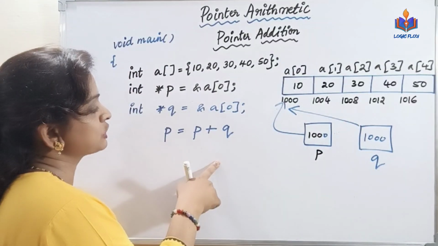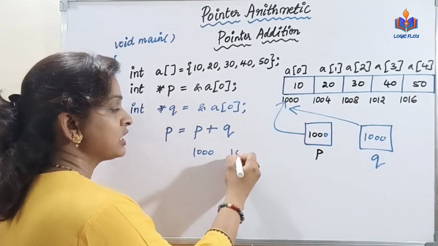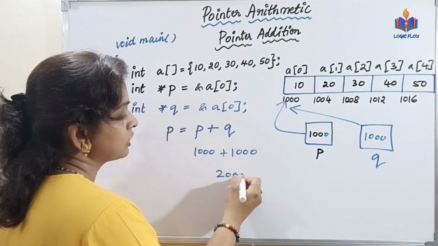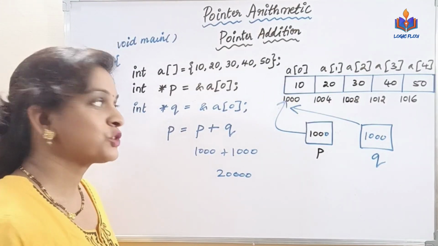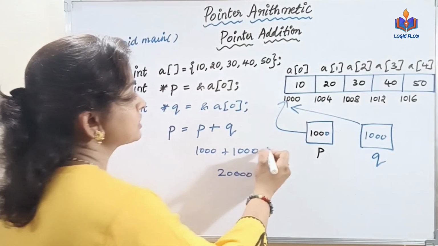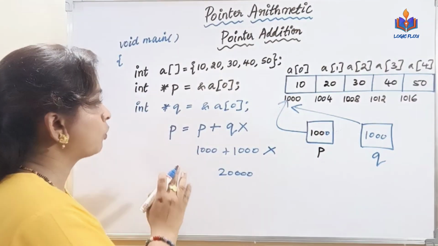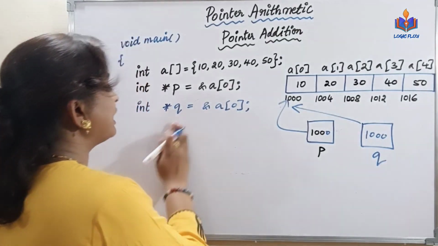When I say p plus q, what is p? It is 1000. And what is q? It is also 1000. So 1000 plus 1000, it is how much? 2000. This operation you cannot perform. You just can't add the addresses like this. This is wrong. You can only add some integer value to the pointer.